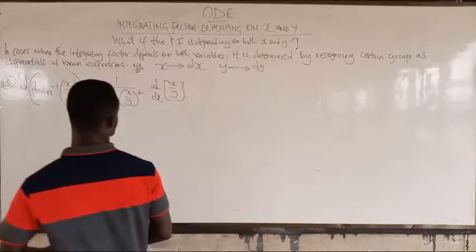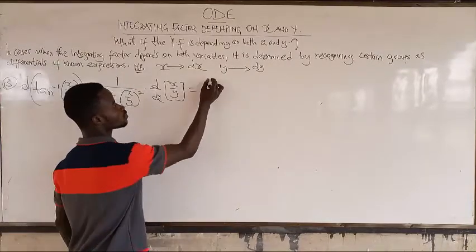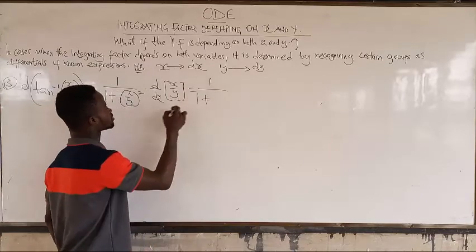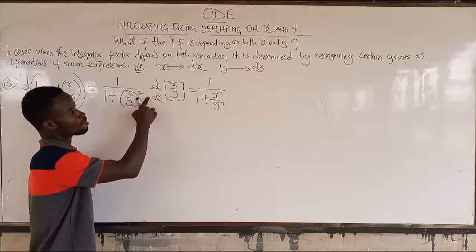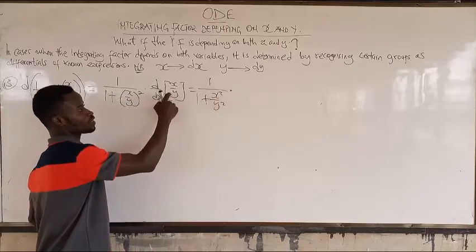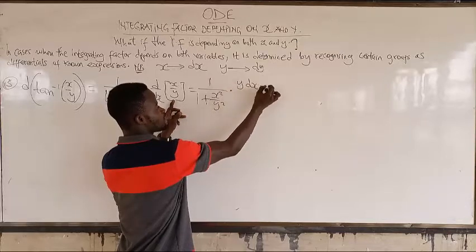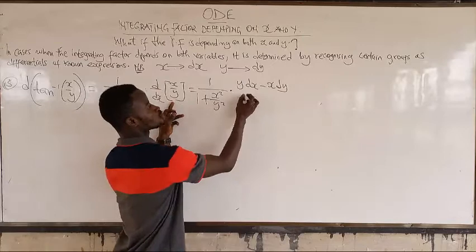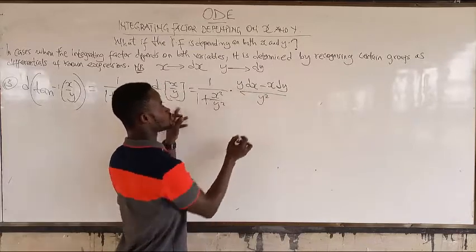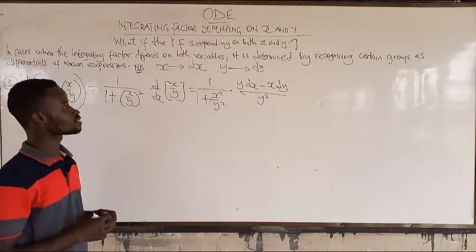So we have that, and this is going to be 1 over 1 plus x squared over y squared. Take the derivative of the inside: low d high minus high d low, over the bottom squared. You see that?